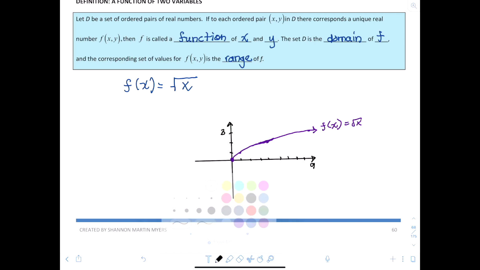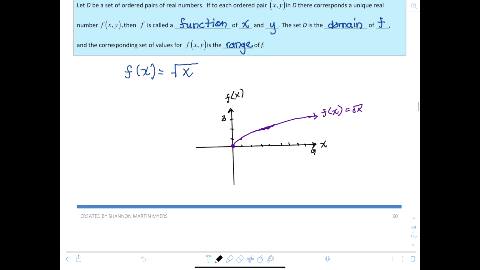And then our axes are in the plane, so it would just be x and f at x, or x and y, something like that. And so what is our domain? I mean, we look at our domain. For this one, our domain is just looked at on the single horizontal axis, right?